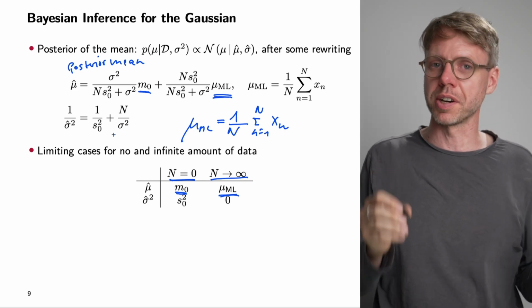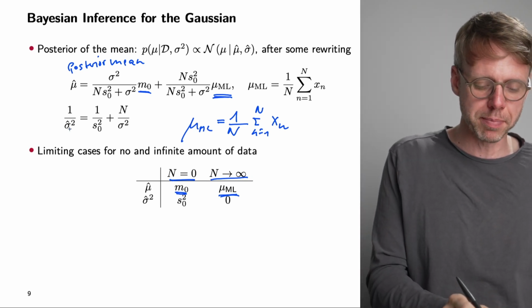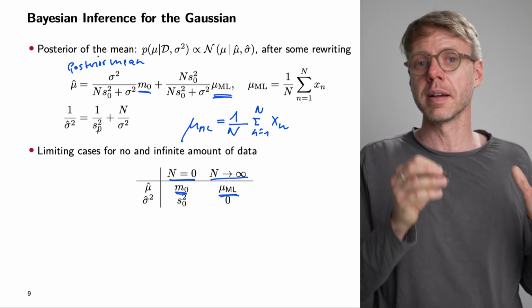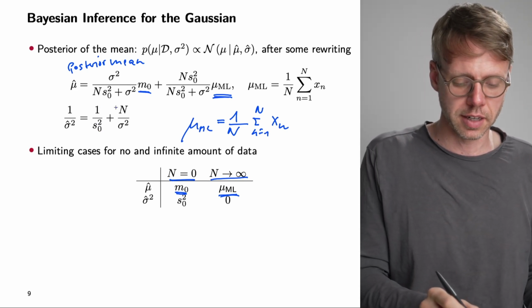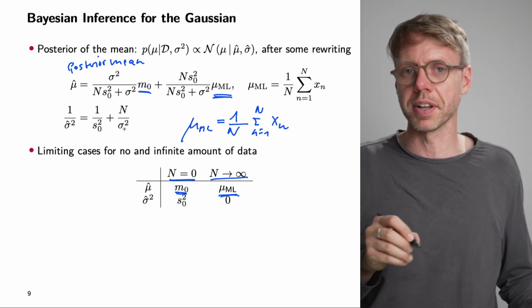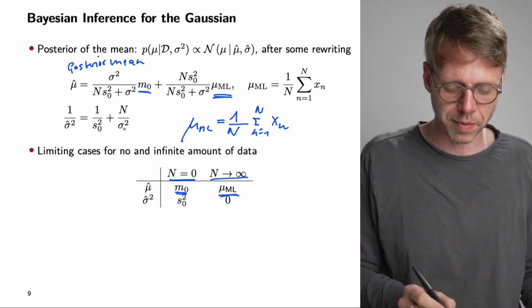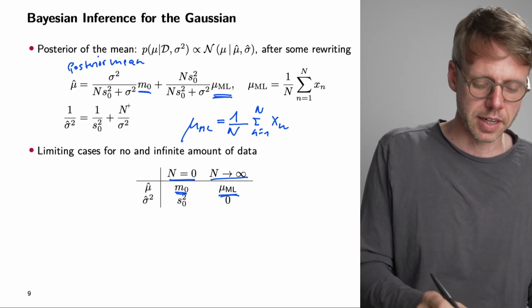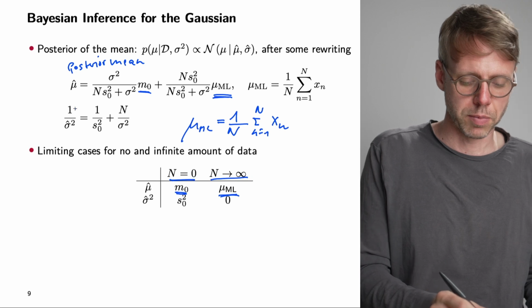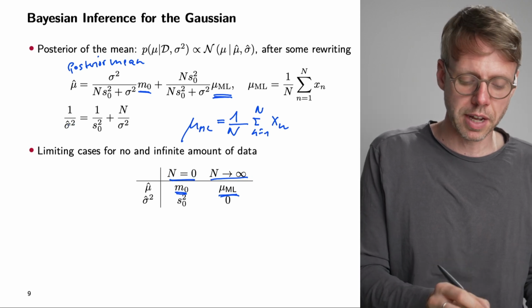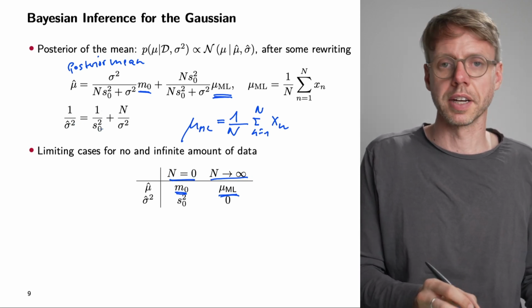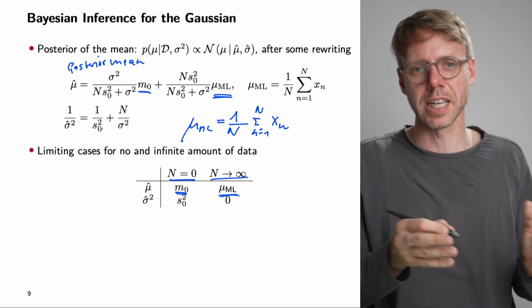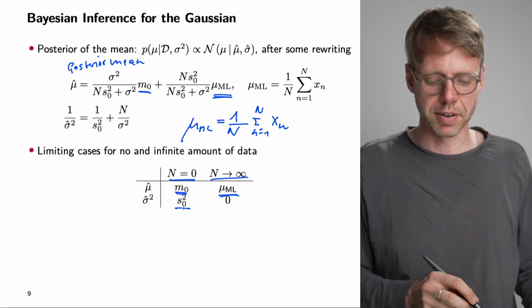Let's look at the posterior variance. 1 divided by the posterior variance is equal to 1 divided by the prior variance plus n, the size of the dataset, divided by the variance of the data. Now if n equals 0, so we don't have any data, then the second term will be equal to 0, and 1 divided by the posterior variance is equal to 1 divided by the prior variance, or the posterior variance is equal to the prior variance.